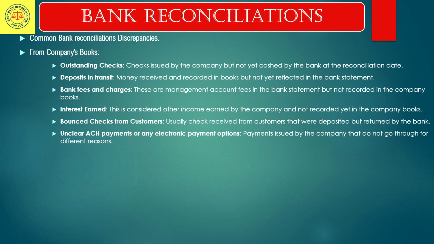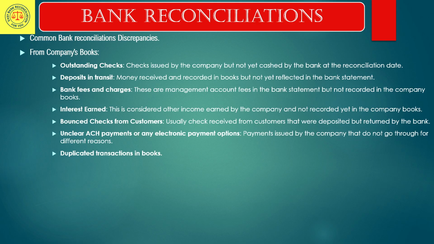Especially if you do it at the end of the month, and let's say the bank has a policy that all the ACH payments or all the wire transfers should be processed before 11 a.m. and you do it after that, that transaction is going to be reflected in the following business day. So that's part of the unclear ACH. Because in your books, all the things that I already mentioned, outstanding checks, deposits in transit, bank fees, they are already in your books, but not necessarily appear in the bank statement.